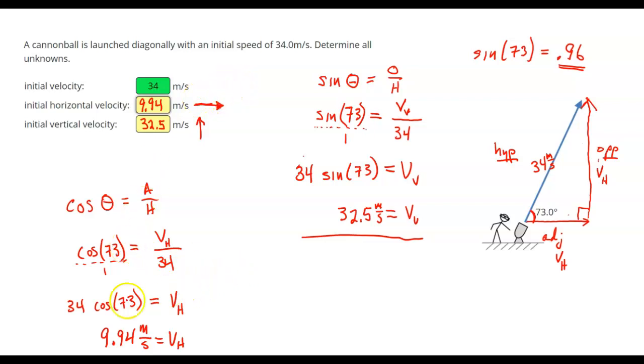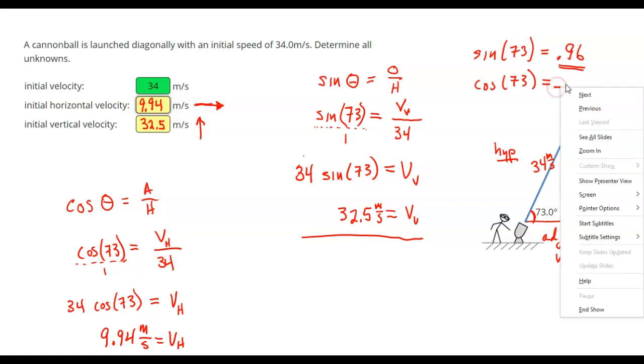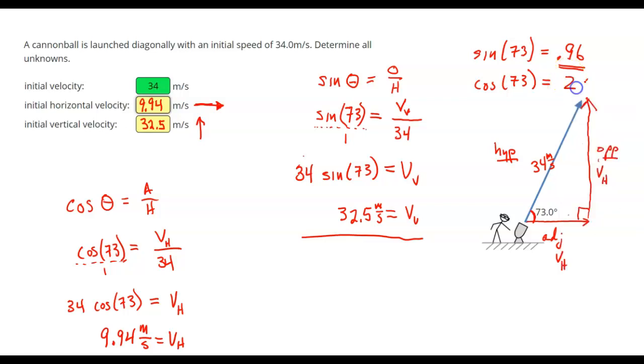And what did we say cos 73 was? Cosine of 73 degrees was 0.29, which means that this side of the triangle is 29% of the hypotenuse.